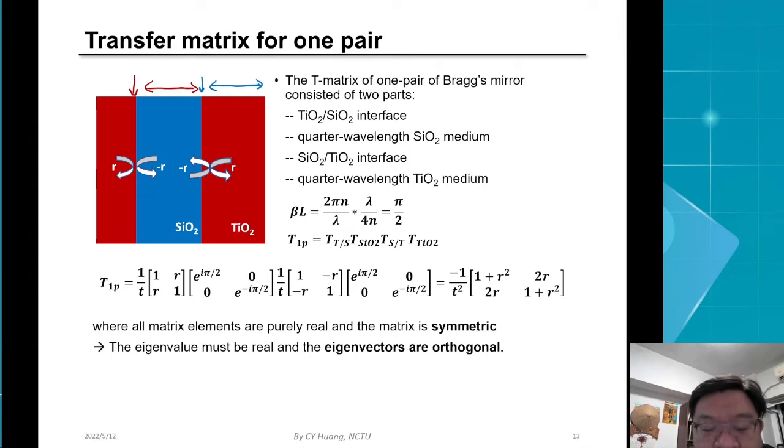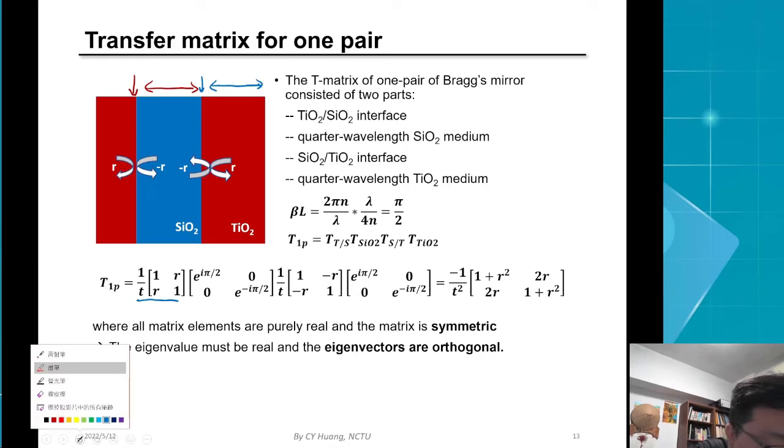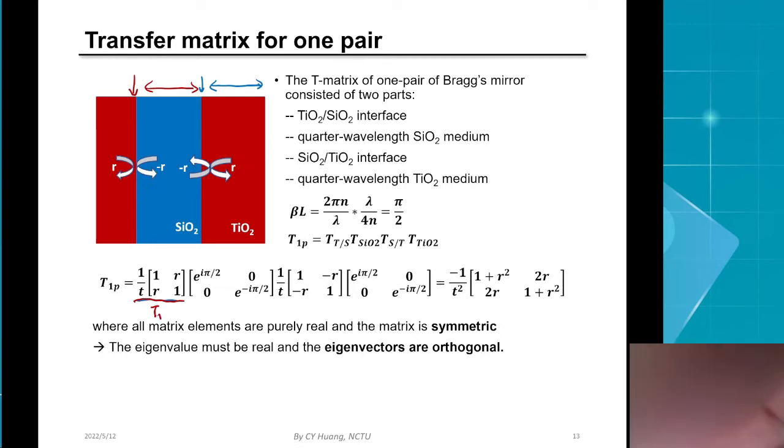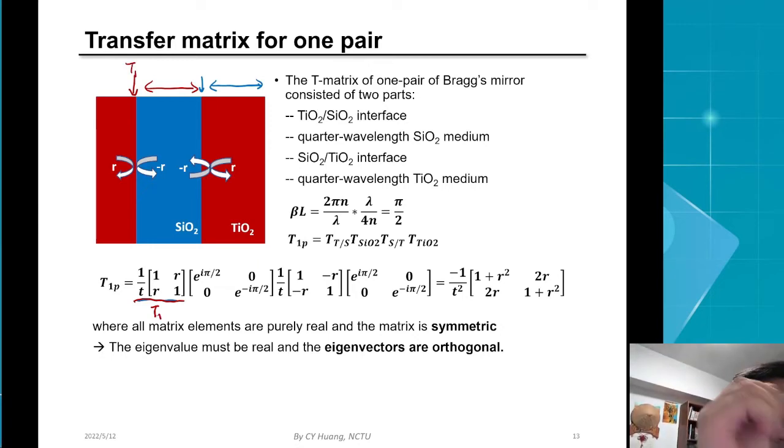Bragg reflector. Okay, so this is interface 1. So let's use the right color. This is interface 1, T1, and this is T1.